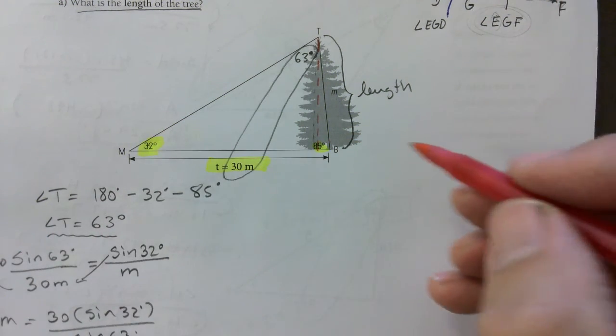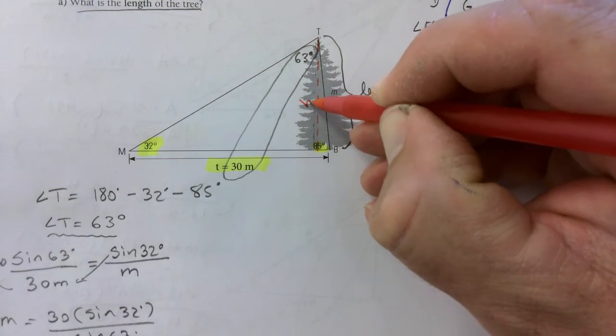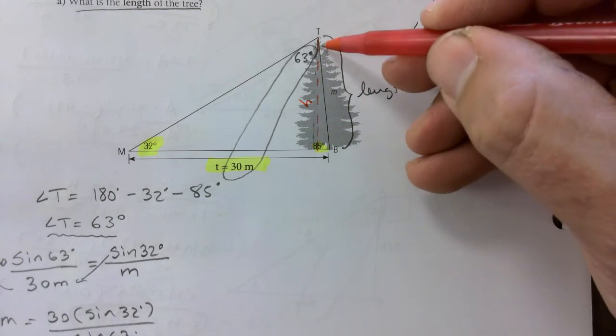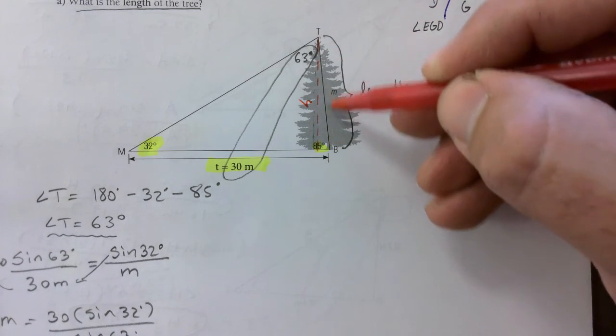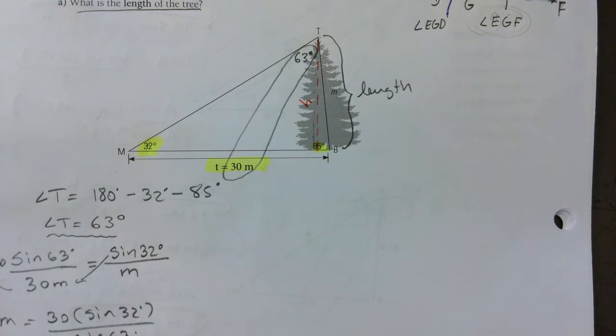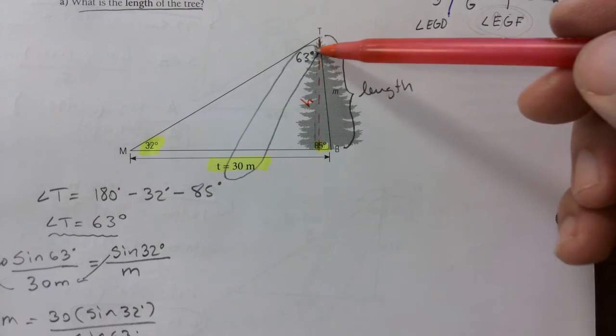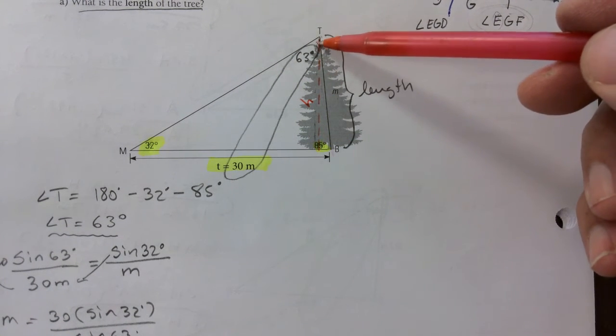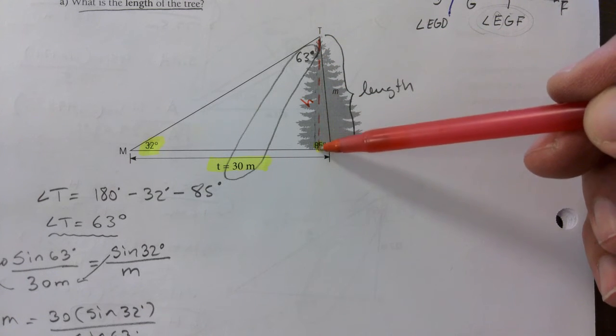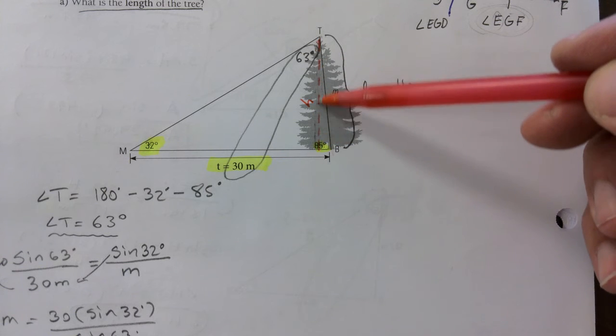This is the height right there. This is the length of the tree. So the length of the tree, if you were to cut that up, you would go with this. But if you want to know how high the tallest point of the tree is compared to the ground, it's this.